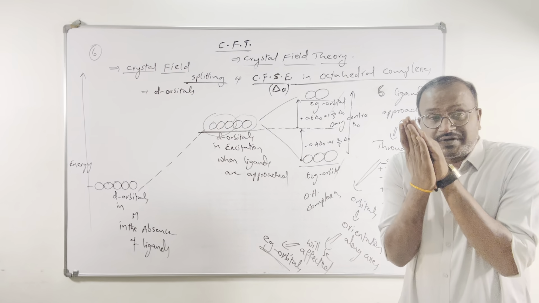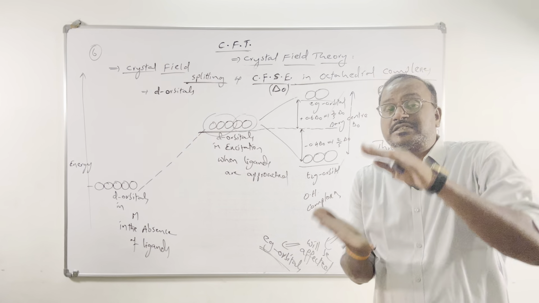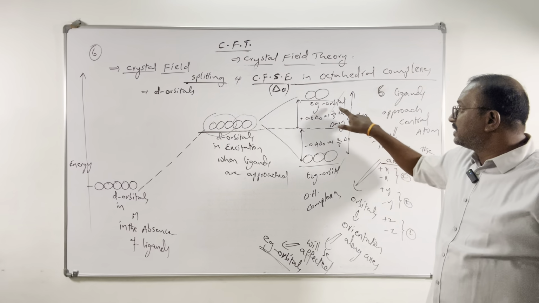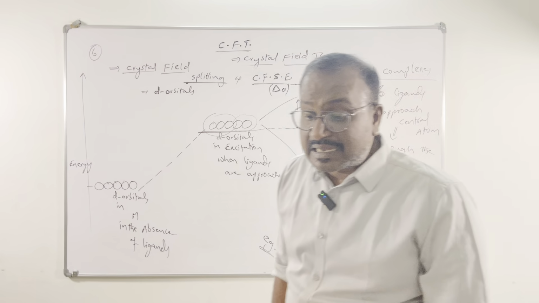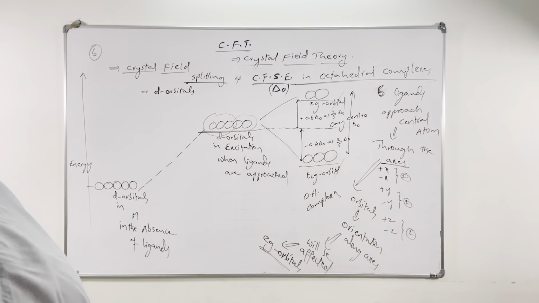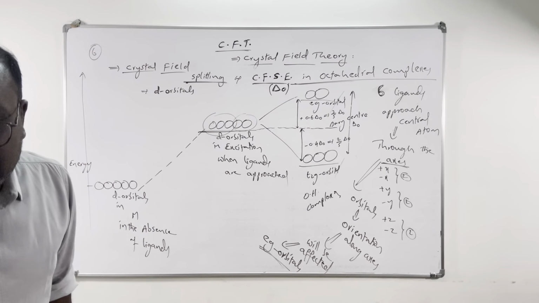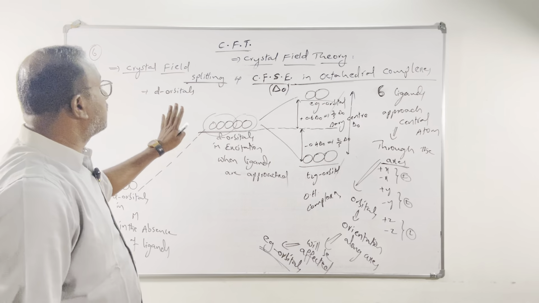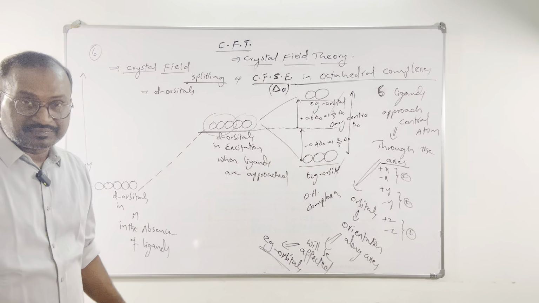For stabilization purposes only, d orbitals are splitting. That's why this delta O, the energy difference between Eg and T2g, is called crystal field stabilization energy. Like this, in octahedral complexes, d orbitals will be split.